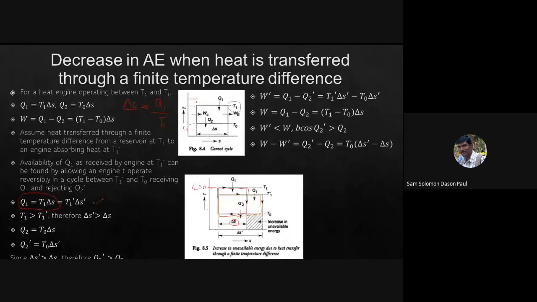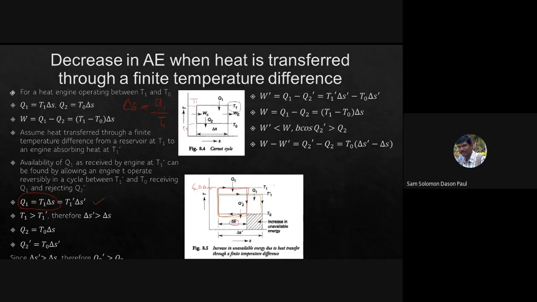Your Q1 can be written as T1 into delta S when a heat engine runs between T1 and T naught, and Q1 equals T1 dash into delta S dash when the heat engine runs between T1 dash and T naught. We are familiar that T1 is greater than T1 dash.